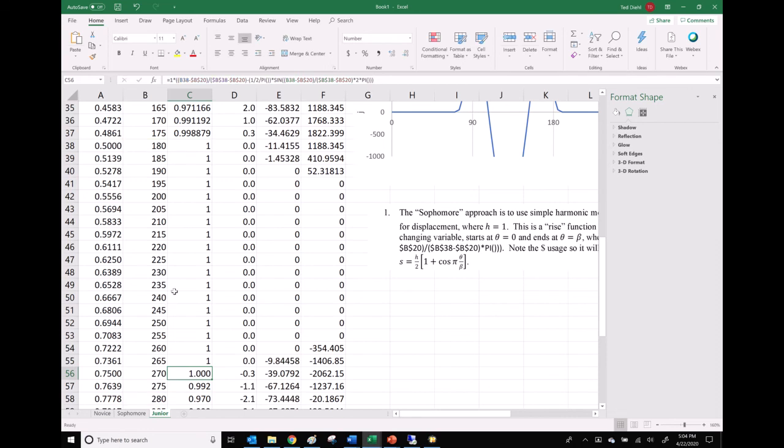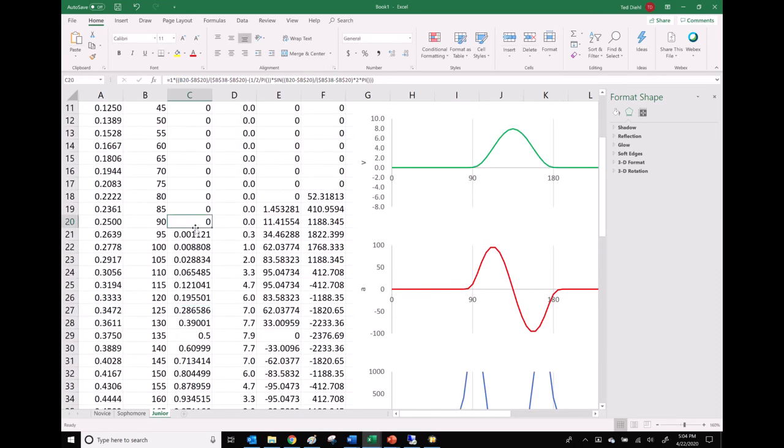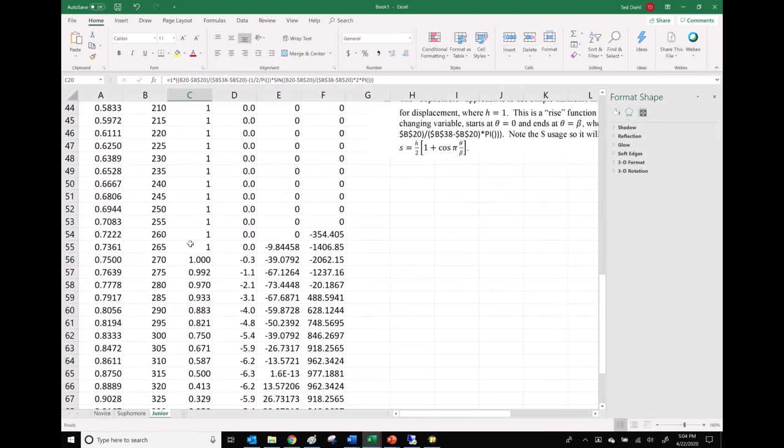You know what? Instead of referencing that one, let's reference this first one at 90. That's going to be a better one to use. And we'll come down here and start right here. No, start right here at 270, and I'll plot that in.